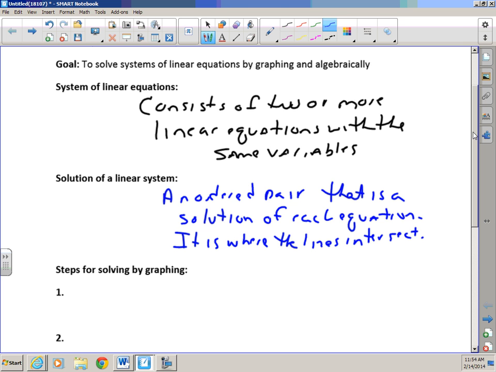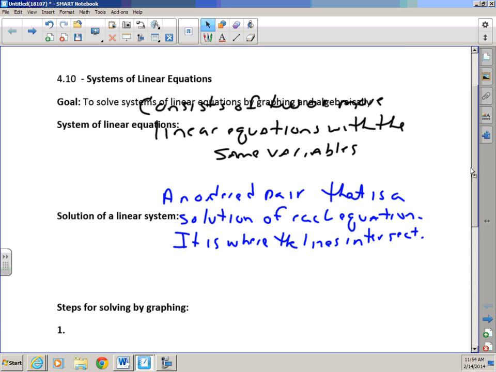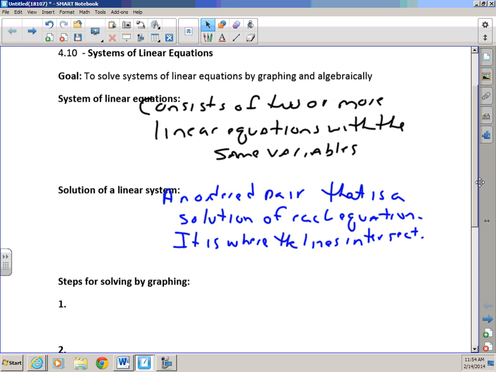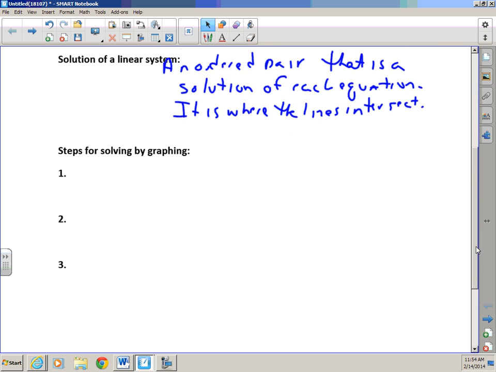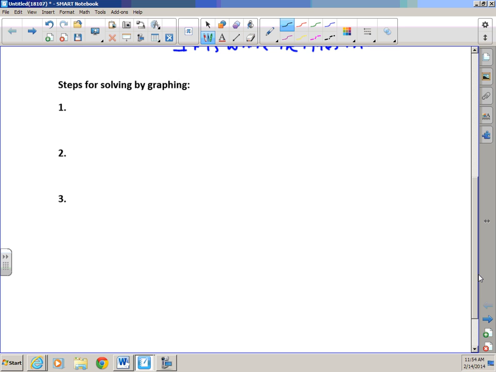Now, the first way we're going to do this is by graphing. And the steps that we're going to follow are as follows. Okay, step one, we're going to graph each equation. We're going to graph them just like we've been doing.